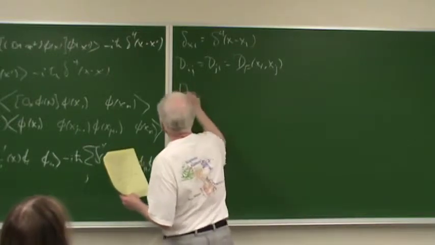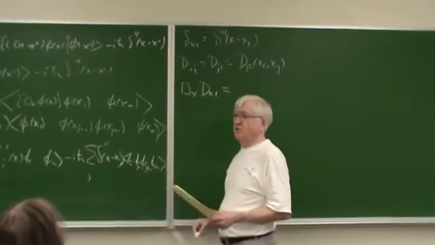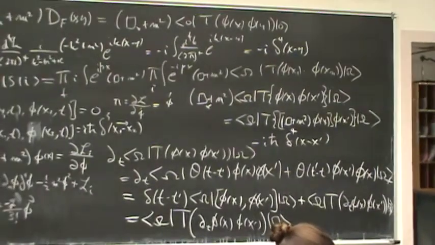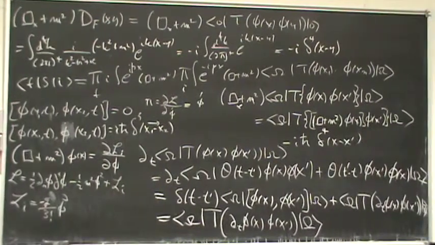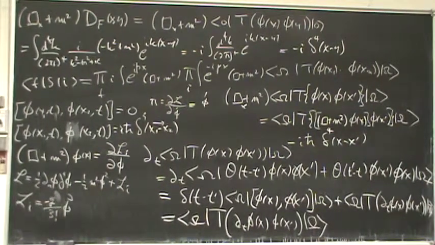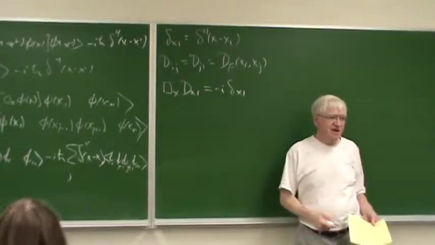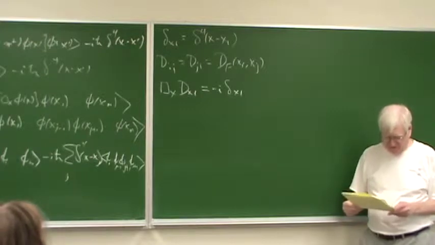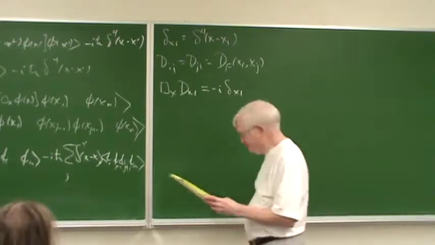What is box_x on D(x, x_1)? Well, we saw what that is. That's the first equation, two lines under the clock over there. If you set m equals 0, then box on D is minus i delta. So this is minus i delta_1 in our new ultra-compact notation. The people who manufacture chalk are very much opposed to this notation.